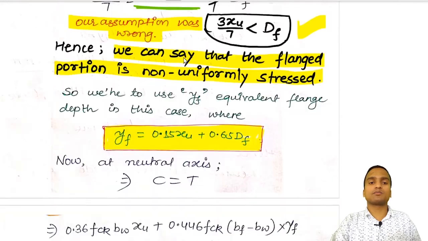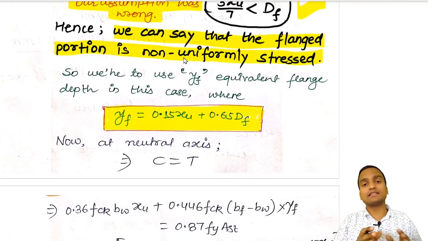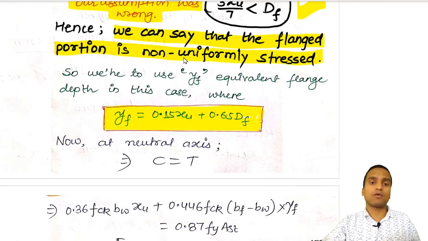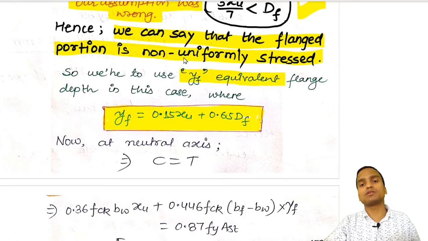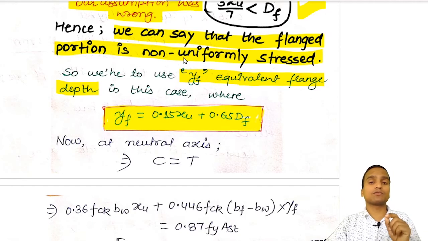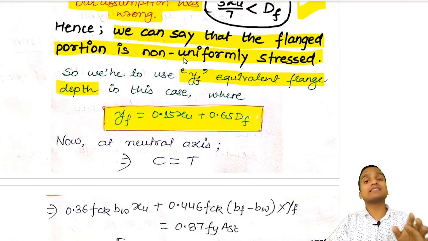So we have discussed that the IS code also recommends to use the equivalent flange depth. Now what is equivalent flange depth? Gamma f or yf is said to be equivalent flange depth, and if we use this value of gamma f in place of depth of flange in the above equations, then we can arrive at the exact values of solution in this case.